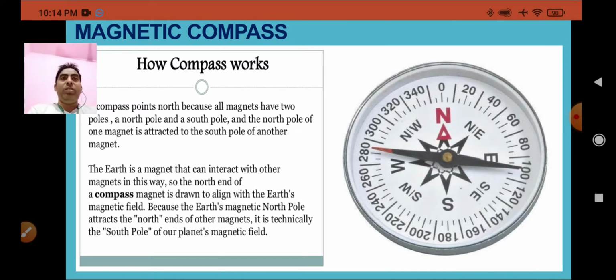The directive property is that a freely suspended magnet always rests pointing in the north and south direction. This property of a magnet is the directive property, meaning the freely suspended bar magnet points in the north south direction when it comes to rest. The compass is made on this property.